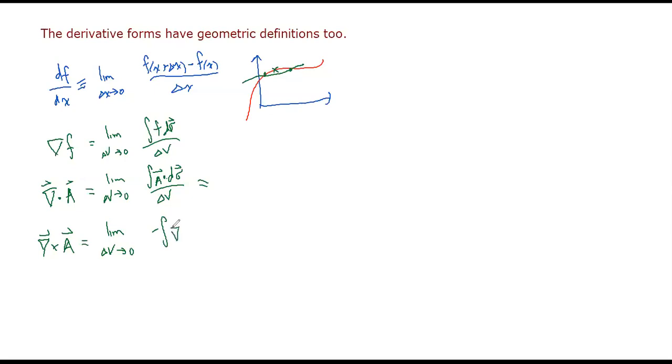And there are a number of different things that you can do within a volume. So you can look at the flow of the vector field out of the surface of that volume. You can compute the divergence of the vector field within the volume. You can circumscribe the edge of that volume with a surface, and then that surface might have a boundary.